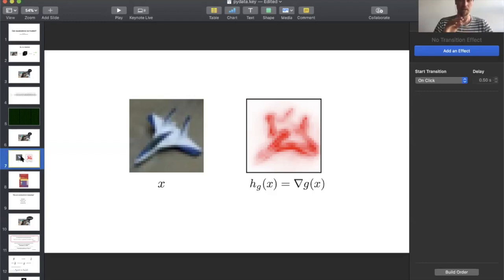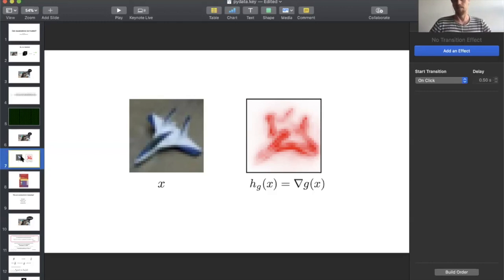This is a little bit different to normal neural network training, where you differentiate the network with respect to the weights, but it's basically the same underlying arithmetic. And then you get some kind of result which has the same shape as the input, right? Because you're differentiating a function which gives you a scalar output, the probability that this is a plane, with respect to the input. So it's an object which has the same shape as the input.